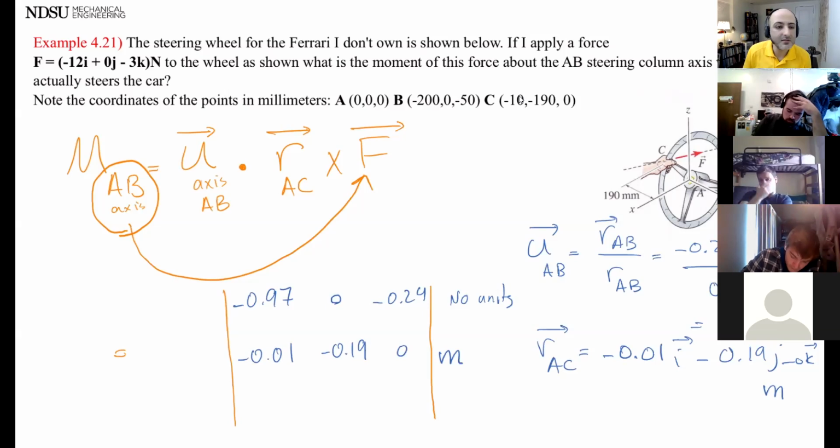And F is given somewhere, it's up there: minus 12, 0, minus 3, and that is newtons. Okay. So let's see, can someone do the math? Well, by someone, I mean all of you should be doing this.